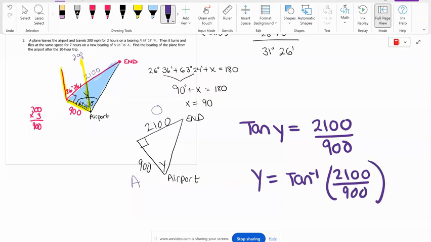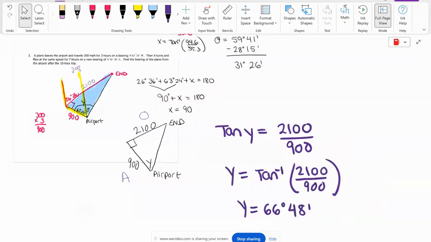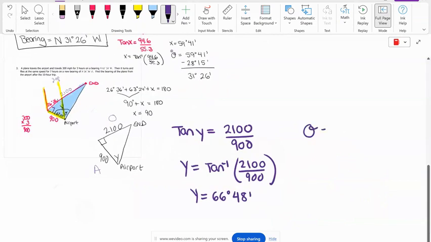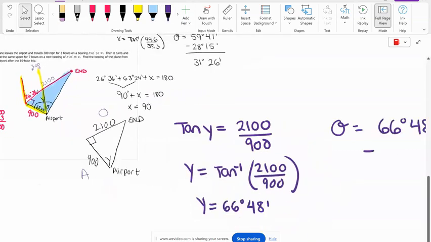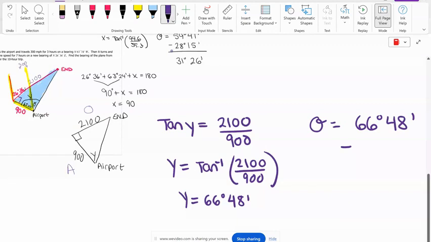I will tell you if we do that, we will get y equal to 66 degrees and 48 minutes. Now, what do I do to find theta? Subtract. Theta will be 66 degrees and 48 minutes minus what? 63 degrees 24 minutes. And that's going to give us 3 degrees and 24 minutes.